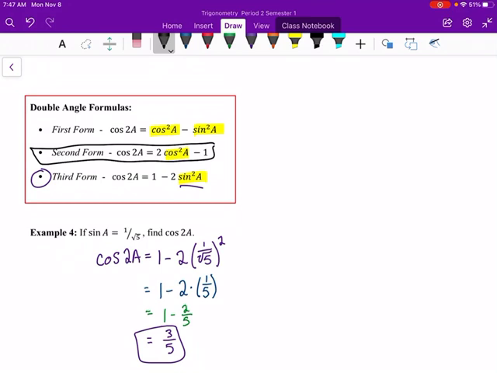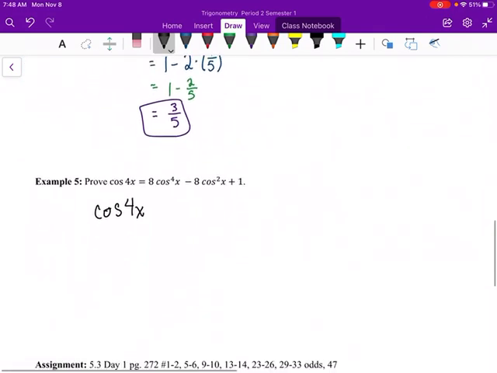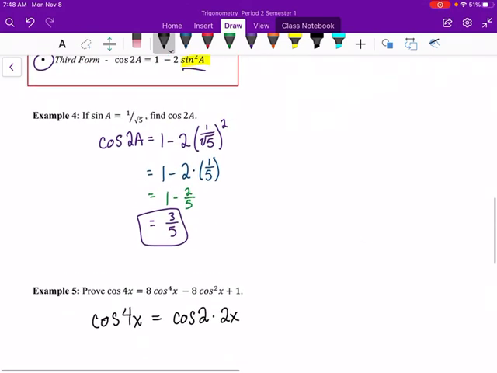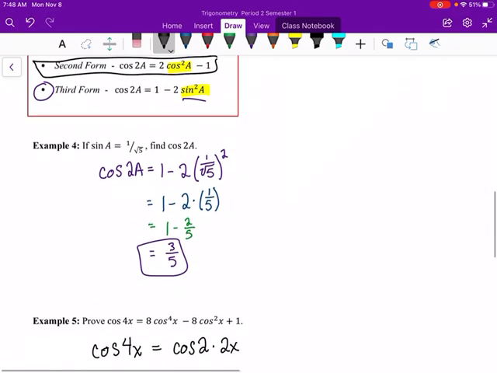We can write cosine of 4x as cosine of 2 times 2x and apply our double angle formula, since the right side is written in terms of cosine only. We can use our double angle formula, which is 2 times cosine squared of a minus 1.